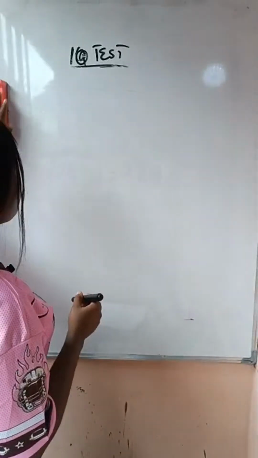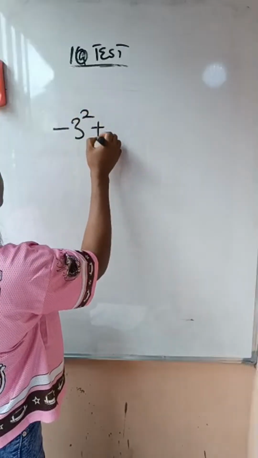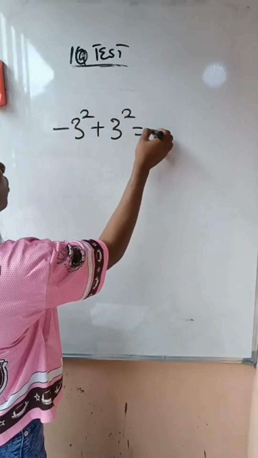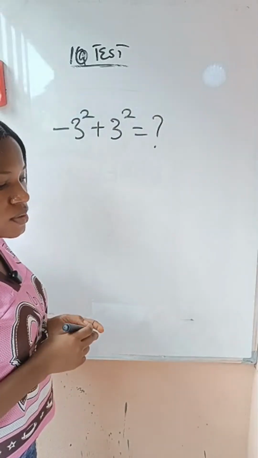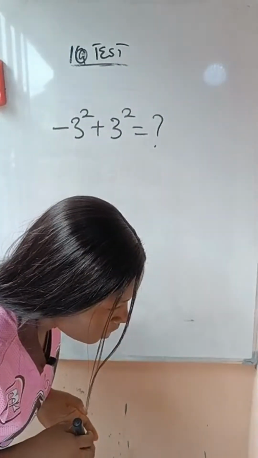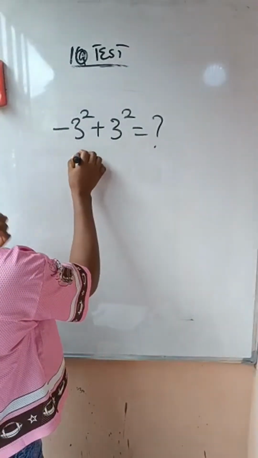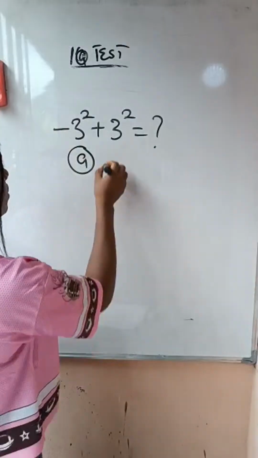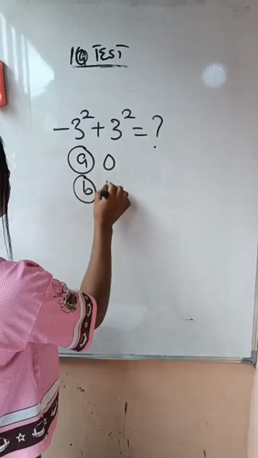Okay, let's solve mathematics. We have minus 3 squared plus 3 squared is equal to what? Option A, we have 0. Option B, we have 18.